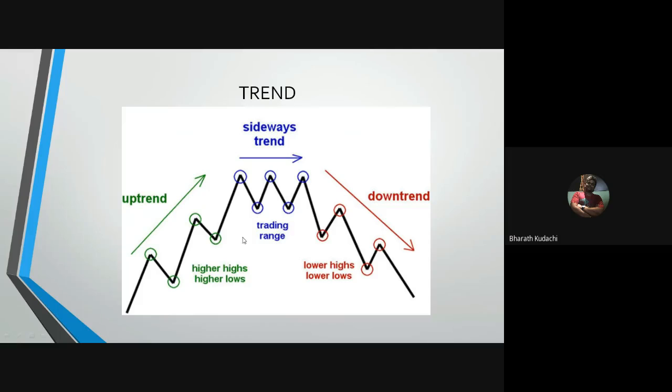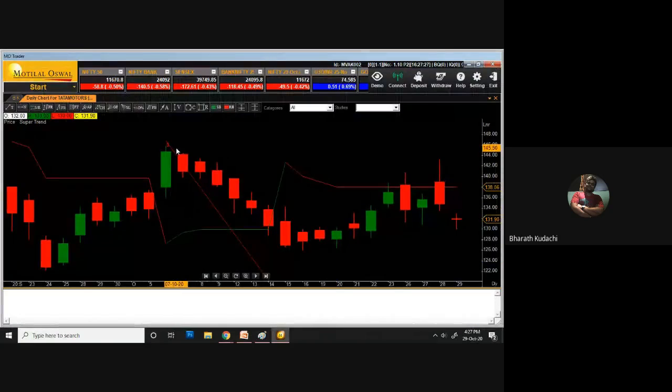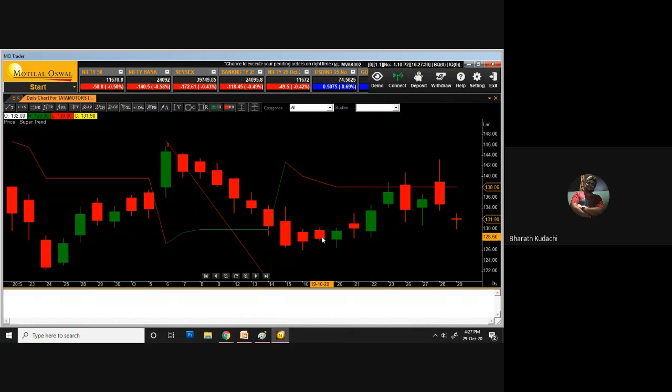This is a line chart; I'll explain it here. You can see the market is continuously falling from the 7th of this month to the 19th of this month. This is a trend that the market is following.